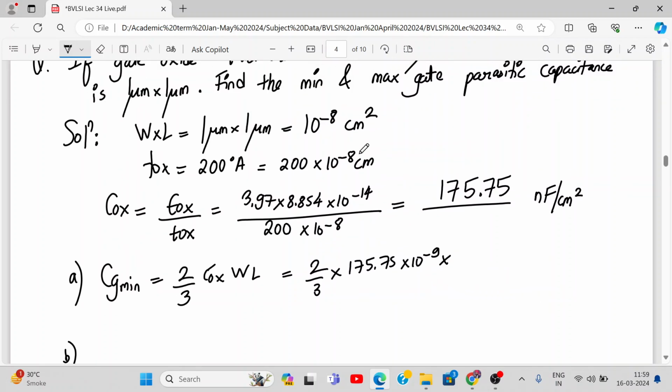W into L is how much? 10 raised to minus 8. So how much is this number? You will get it into 10 raised to minus 15 farad. So tell me the number. 175.75 into 2 divided by 8 is 117.17?